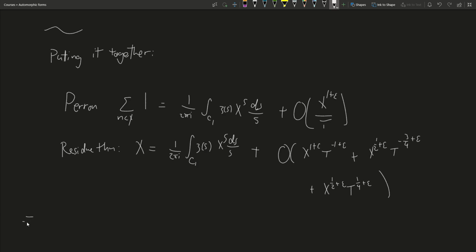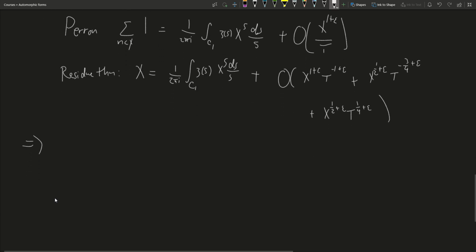Okay, and putting these two things together, what do we get? We get that the sum over n less than x of 1 is equal, so these two terms are equal, so let's just replace this with x and carry over the error terms.